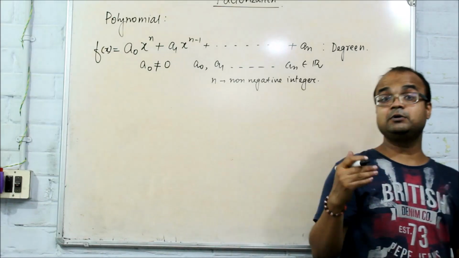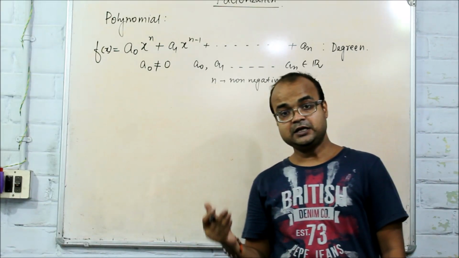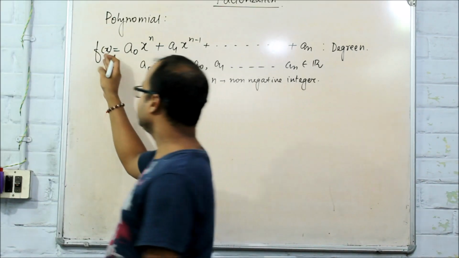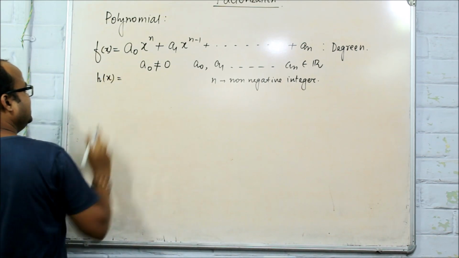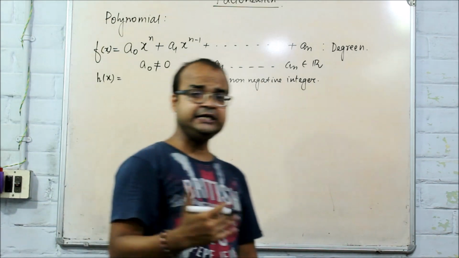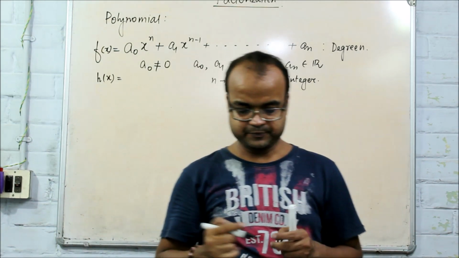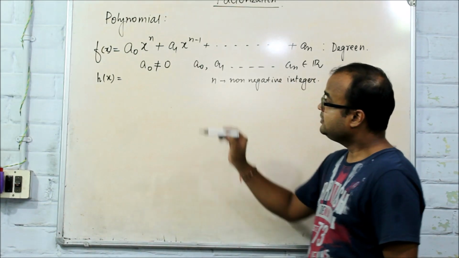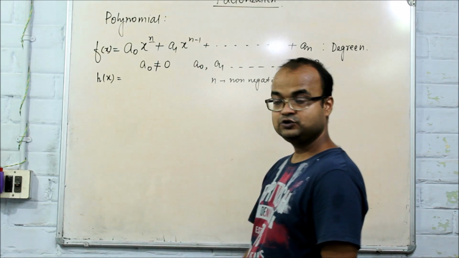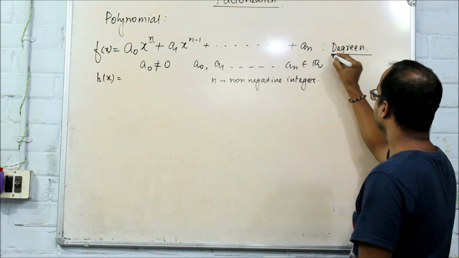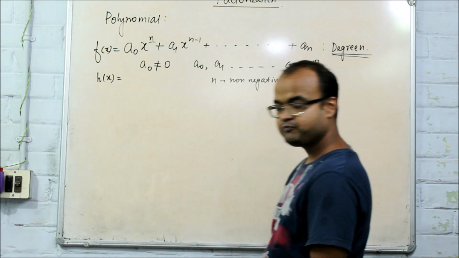Suppose it is a variable y, we can write f of y. In place of f of x, we can also write h of x. So it is a way to represent a polynomial. Now, look at the highest degree. This is the highest term n, so this is called a polynomial of degree n.